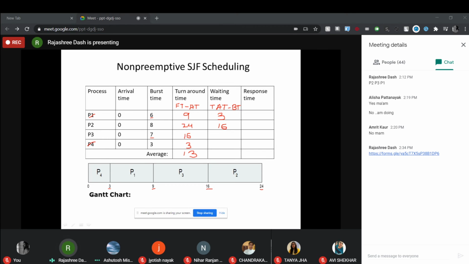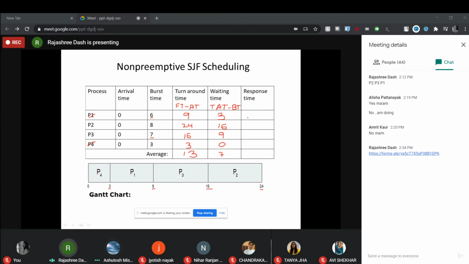Waiting time for P3: 16 minus 7, that is 9. Waiting time for P4: 3 minus 3, that is 0. Average waiting time, 7. Correct.